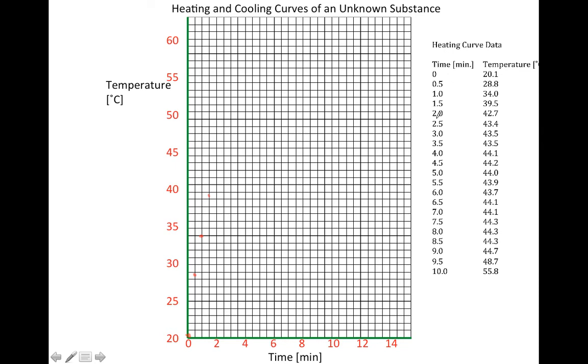I go over one line, 2 minutes, I'm at 42.7. So there's 42.7. And then I'm at 43.4, and I'm doing this by eye. Then I'm at 43.5, and 43.5.